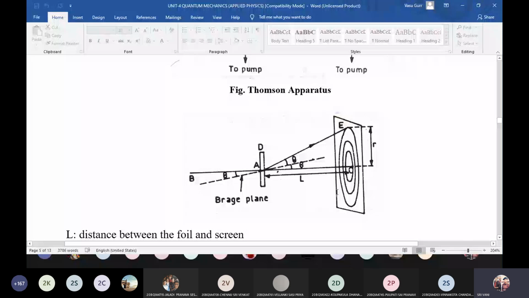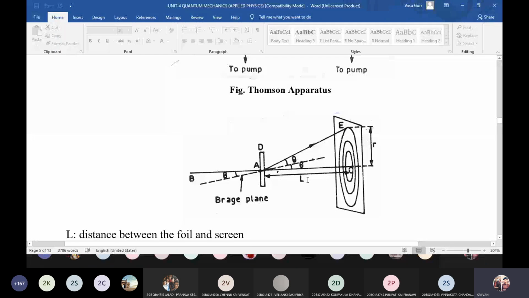Electrons undergo diffraction, that is the diffraction of the electron beam. There exists a certain distance between the screen and the foil, which is denoted by L. So L is the distance between the foil which is placed in the path of the electron beam and the screen. Because of the diffraction of the electrons, we got the rings. So this is called a diffracted ring.